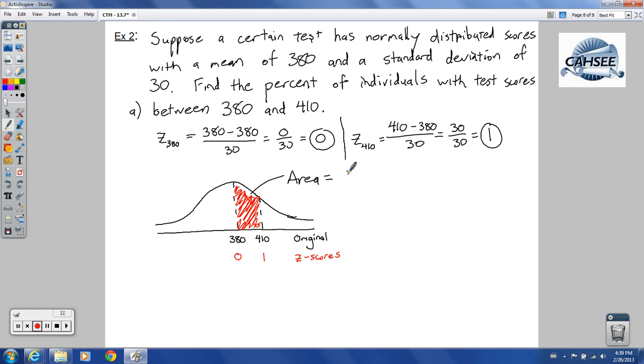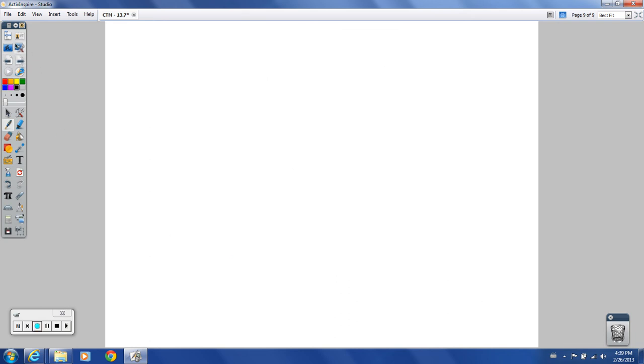So the area of that is 0.341. It says find the percent, so I need to change this to a percent. Moving the decimal 2 places gives you 34.1%.